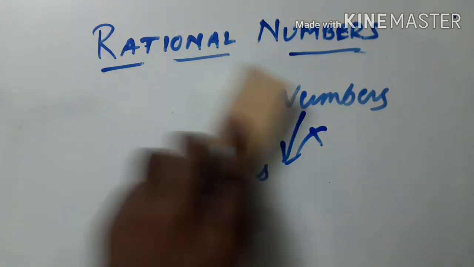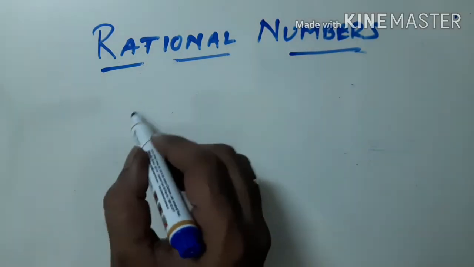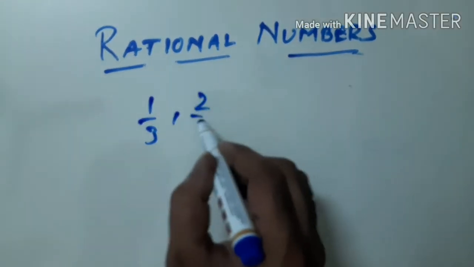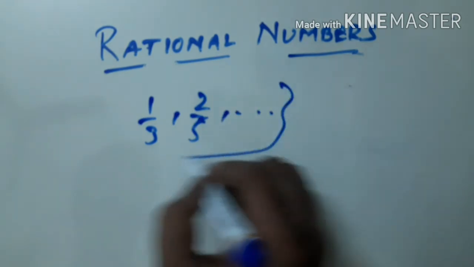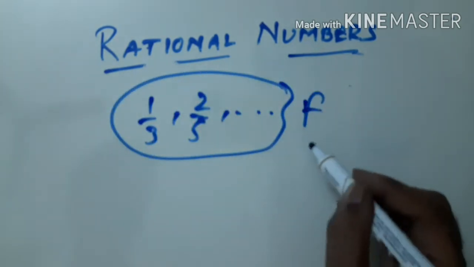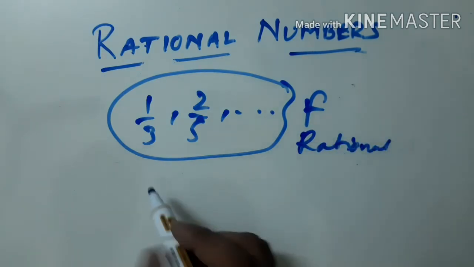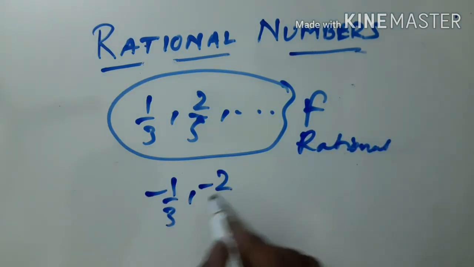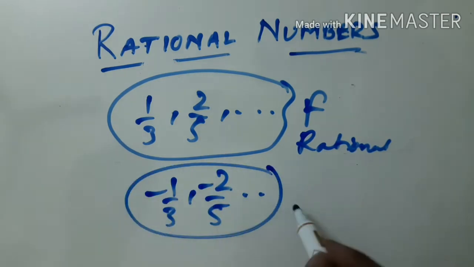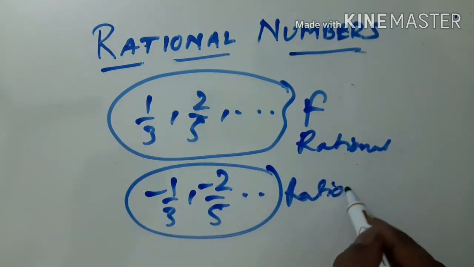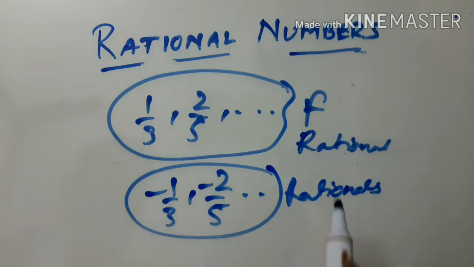This means that 1 by 3, 2 by 5, these are all fractions, and these are all rational numbers also. But if I write minus 1 by 3 or minus 2 by 5, these are only rationals. We cannot call them fractions.